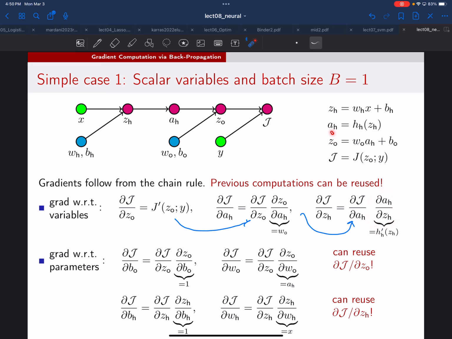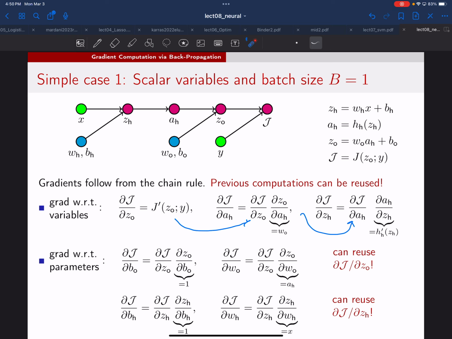For that, we just look up this line. And this activation function, I'm not sure which one we're using. It could be ReLU, it could be sigmoid, but we know what it is. We can differentiate it. So to compute this, it's just the derivative, I'll call it h prime evaluated at zh. And zh is something we computed in the forward process, so that's something we know.